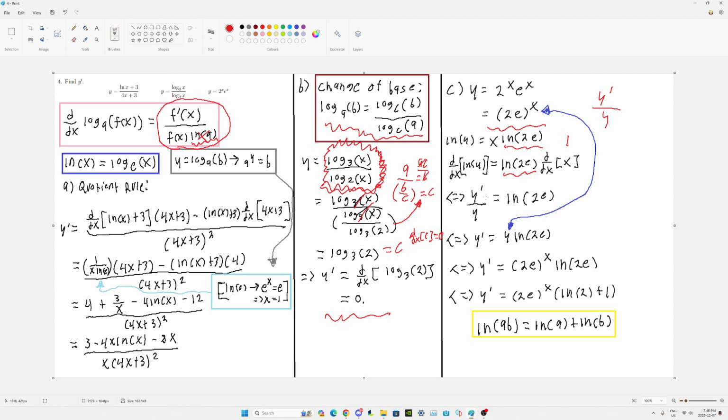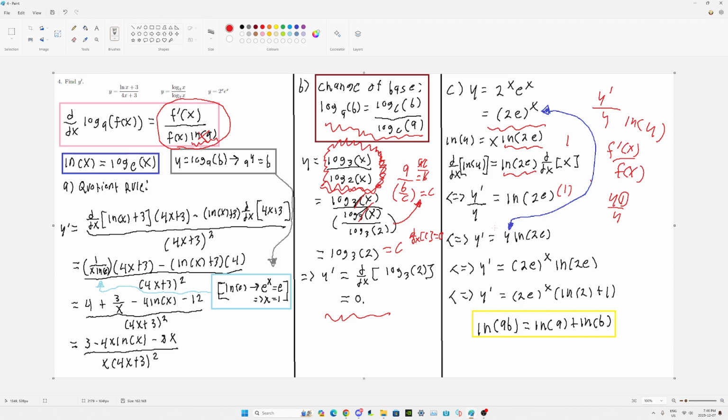So here we get y prime over y, because it's the derivative of the inside, remember, f prime of x over f of x. So that goes to y prime over y for ln y. And since it's with respect to x, but we have a y, we use that little y prime notation. So that equals the natural log of 2e, because our x just goes to 1.